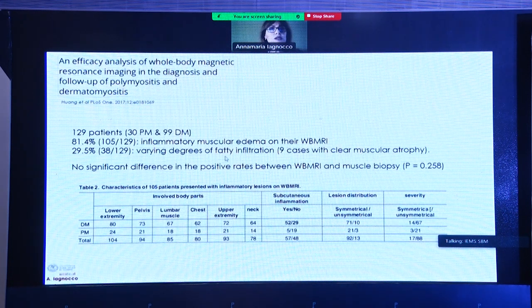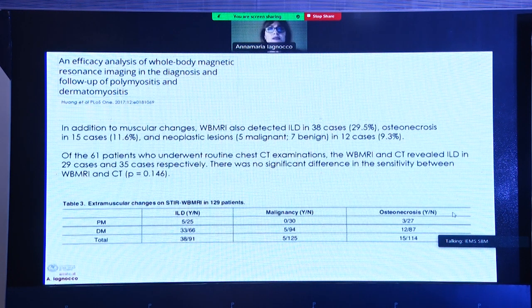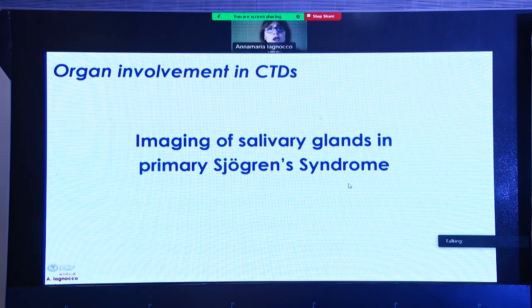This is another study that was recently published in dermatomyositis and polymyositis with whole body MR showing a variety of fatty infiltrations at different levels in the muscles in polymyositis. Opportunity to detect also associated pathology.